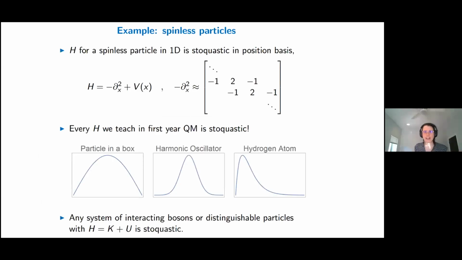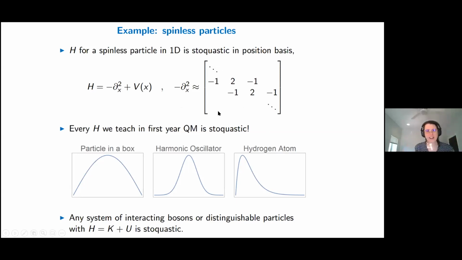Okay, so let's get some familiar examples up here. Let's think of a spinless particle in one dimension, and let's work in the position basis, where I've written out a discretization of the kinetic energy operator as a matrix. It's a tridiagonal matrix, and away from the tridiagonal you have all zeros.